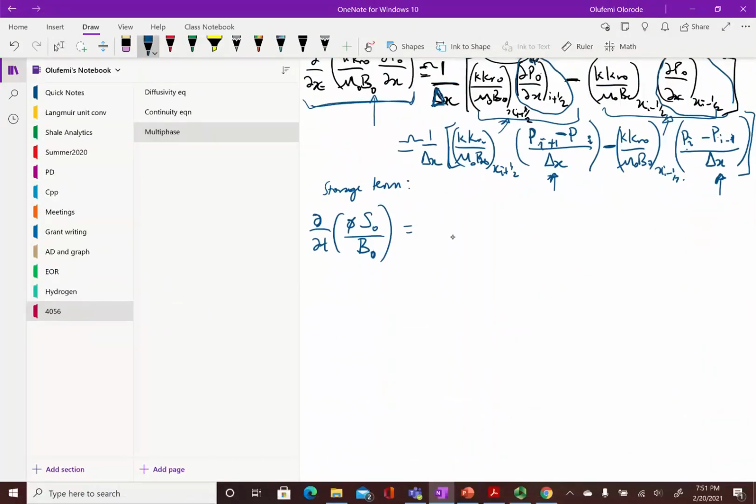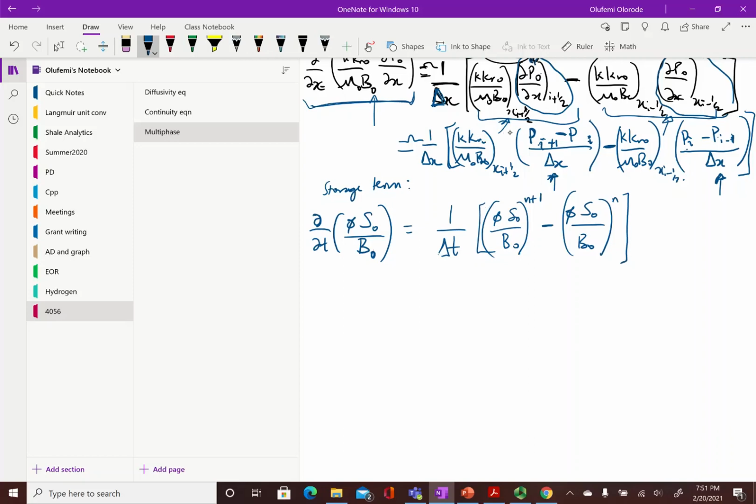And we're going to use backward difference, so it's going to be 1 over delta T, right? And we will have phi S naught over B naught at n plus 1 to represent the current time step, and n as the previous time step, so that's your backward.